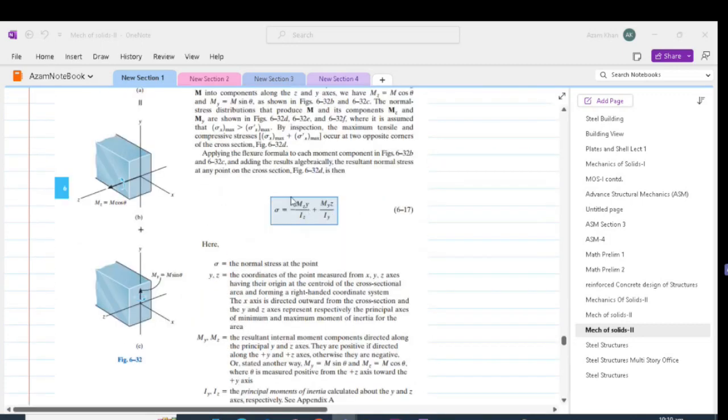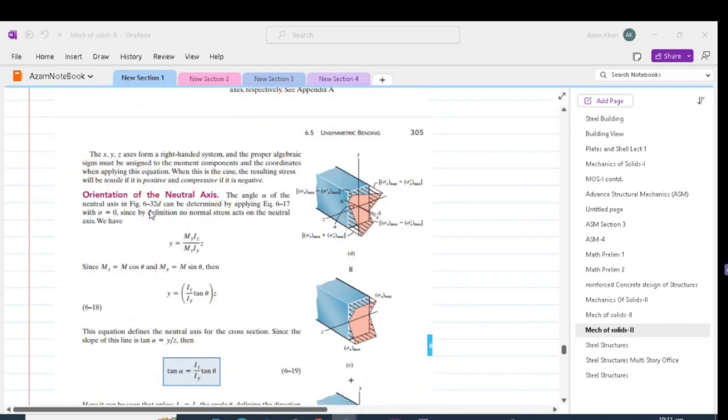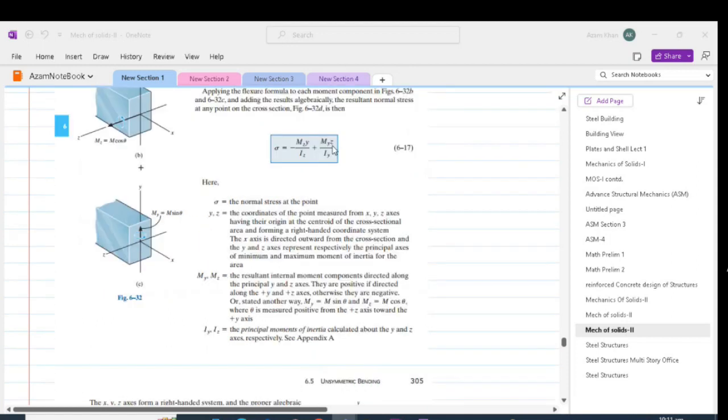So in this combined equation, we can put y and z equal to ya and za and make sigma equal to 0. From there, we can bring the y and z on one side and the rest of the variables on the other side.